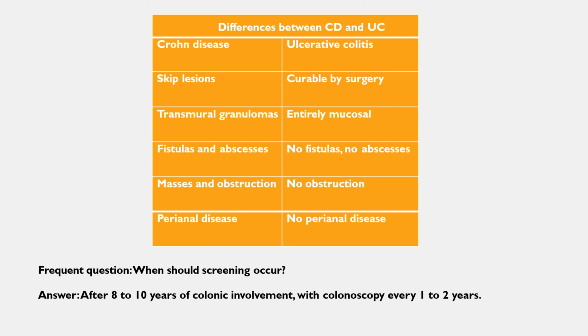Number three, fistulas and abscesses. Number five, masses and obstruction. And number six, perianal disease. So these are the main features of Crohn's disease: skip lesions, transmural granulomas, fistulas and abscesses, masses and obstructions, and perianal disease.